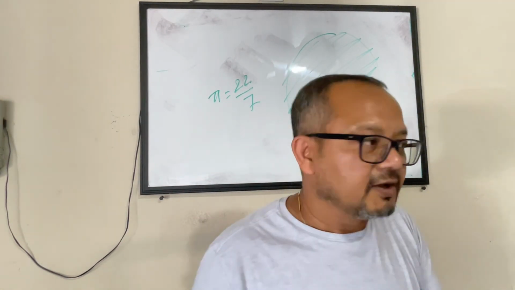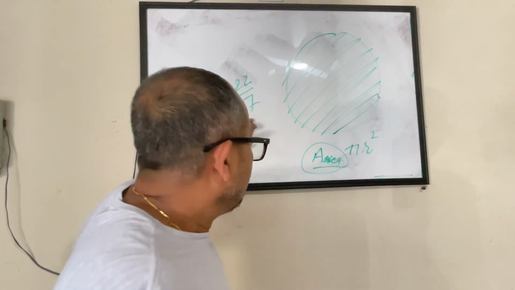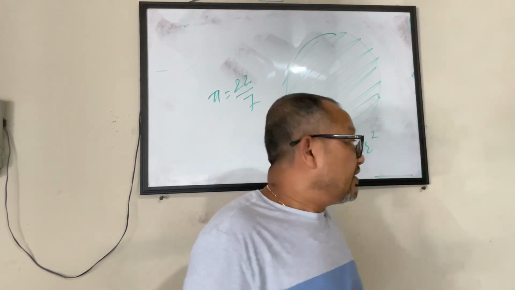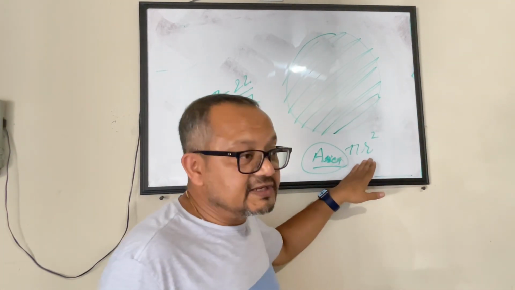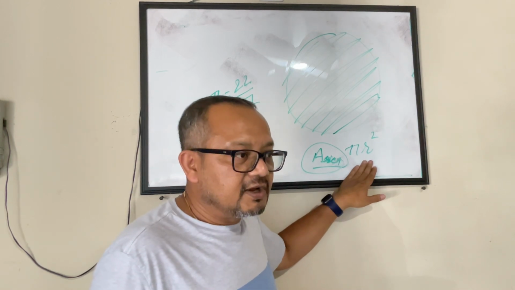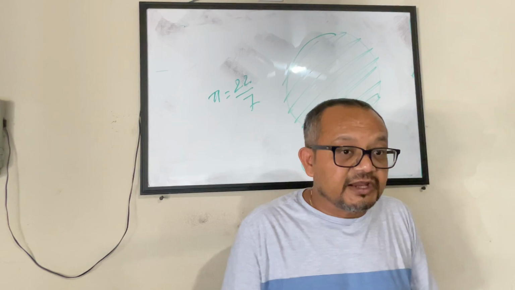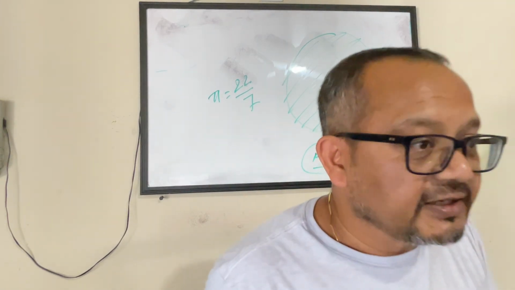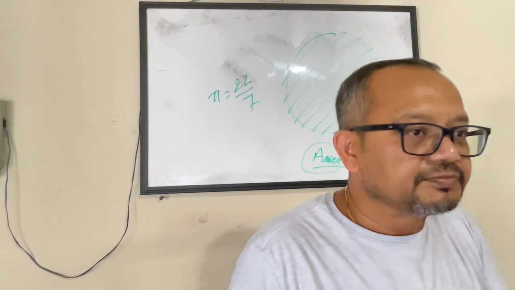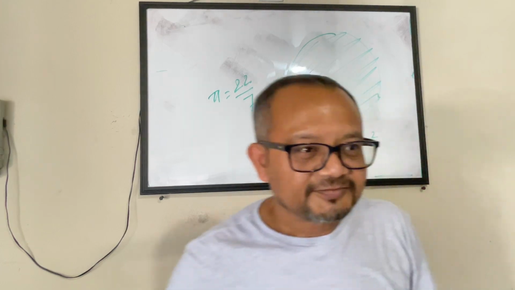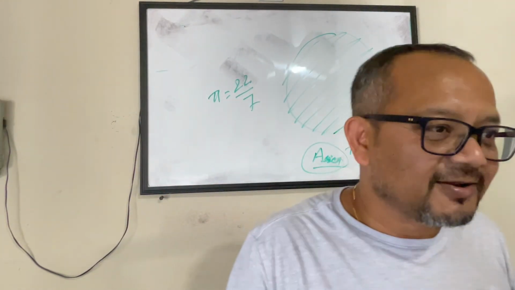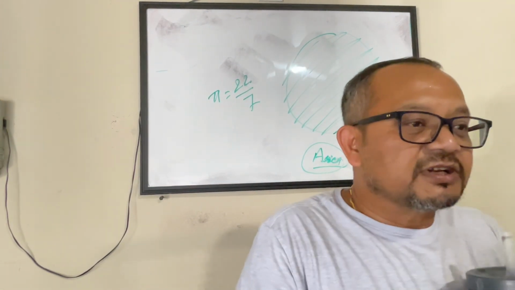Now you will tell me, why do I believe that this is the right formula? Is pi r square the right formula for area of a circle? How did 22/7 come, sir? That was a number given.